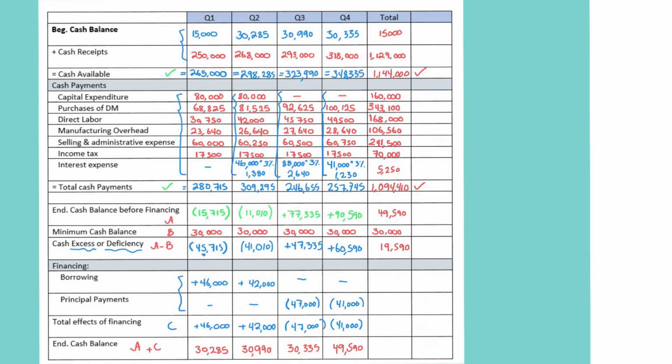Okay, so total borrowings were 88,000. Total payments were also 88,000. So this is 0. So ending cash before financing is 49,590, and here it's going to be the same since the total effect of financing is 0. Okay, as you can see, for the beginning it should be similar to the first quarter. For the ending it should be similar to the last quarter.